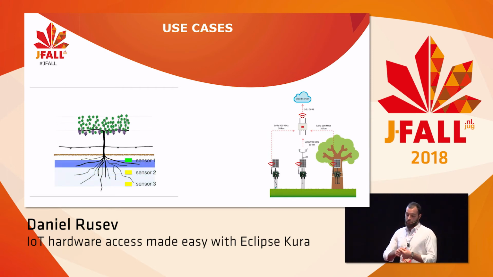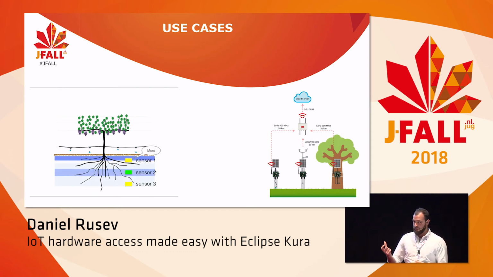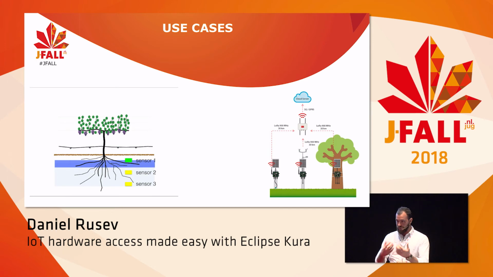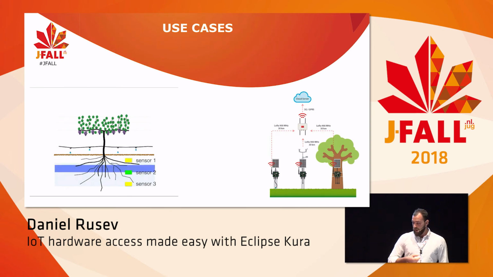But you have uplink. You can send messages to the gateway. The actual gateway that receives the messages from all of the nodes is a Raspberry Pi running Kura. And you also have downlink. When this device connects to the gateway to send a message, the gateway can send a message back.